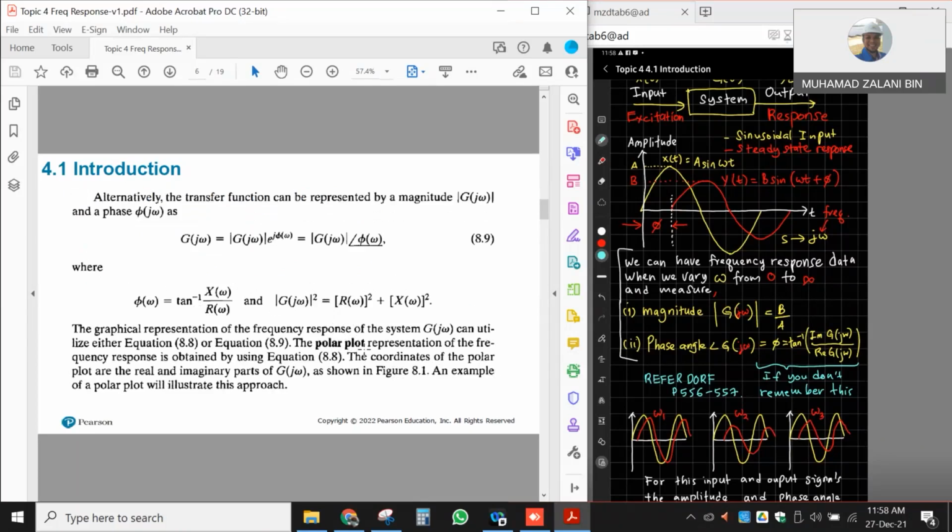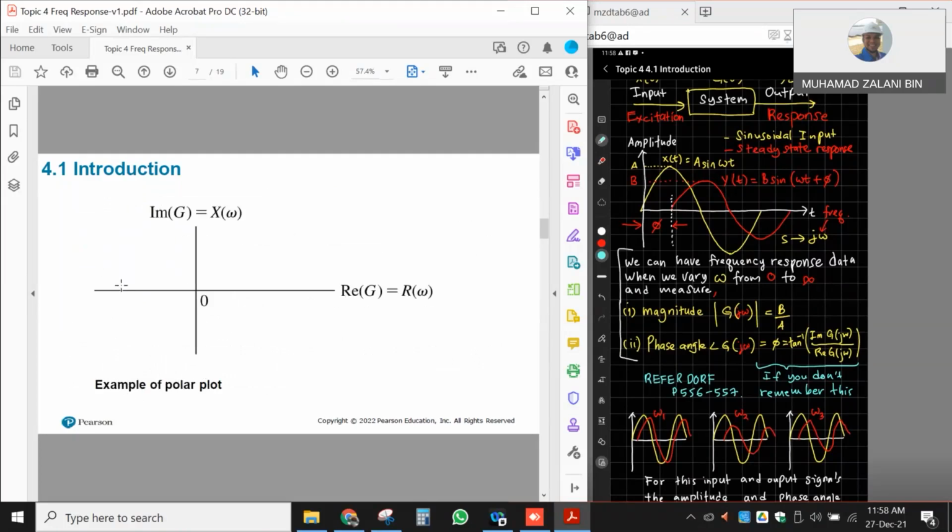That is the common alternative we can use for the frequency response. When we talk about frequency response, we can represent it graphically by using the polar plot.